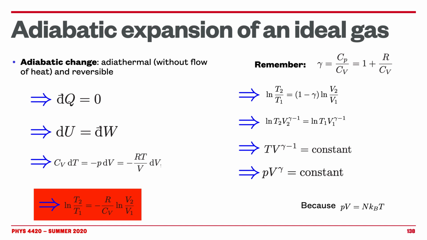It's not the same constant as on the second line. So of course, one of the V is going to simplify with the minus 1 in the power gamma minus 1, and we end up with an extremely important equation, which is PV to the power gamma is equal to a constant. And this is really, really, really crucial.